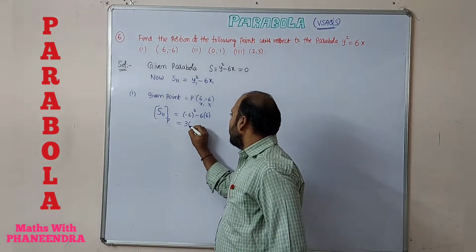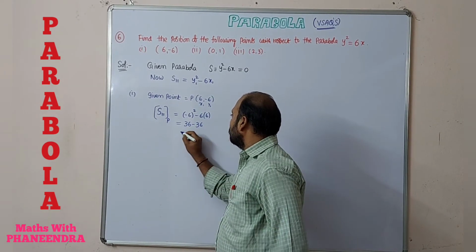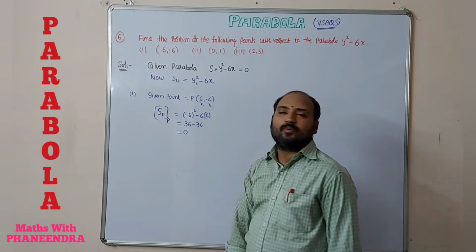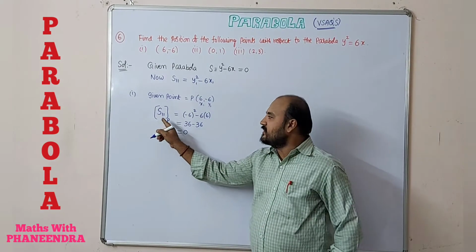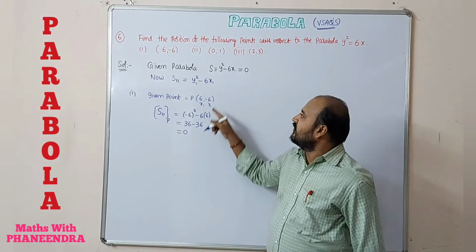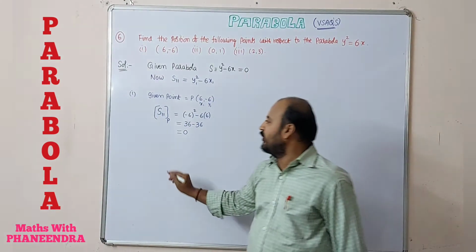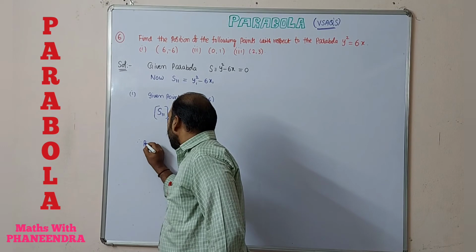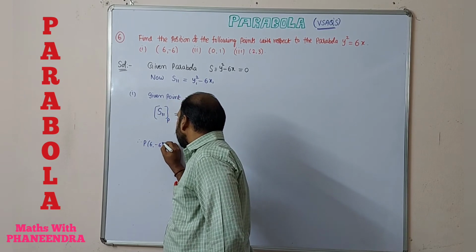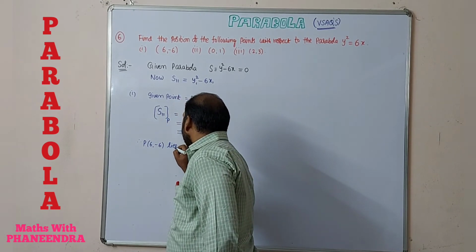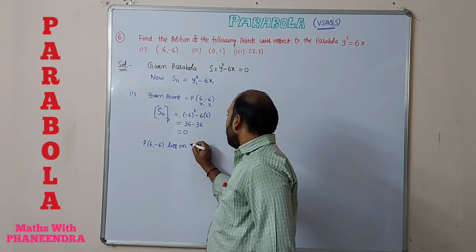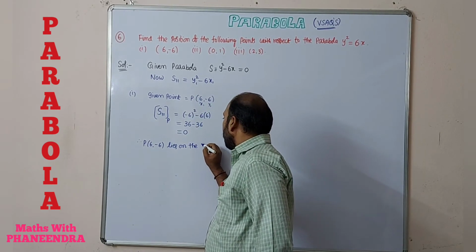So 36 minus 36 is 0. So whenever S11 value is 0, the point 6 comma minus 6 lies on the curve. Therefore, conclusion: P of 6 comma minus 6 lies on the parabola.